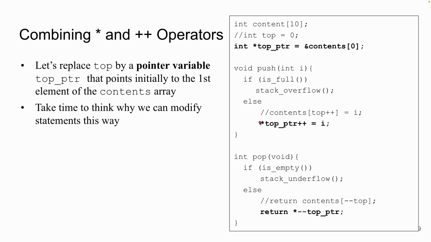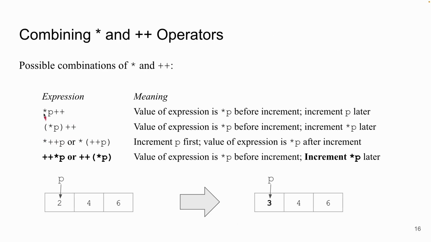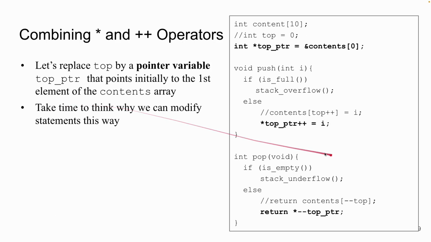You can just remember the statement here and then go back to see that this statement actually fits the format of this expression. So what this means is that I will get where top PTR points to, and then I will increment top PTR itself. So it will point to the next element in the content array.